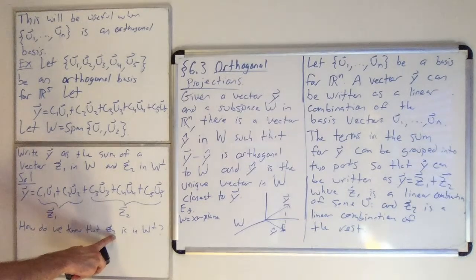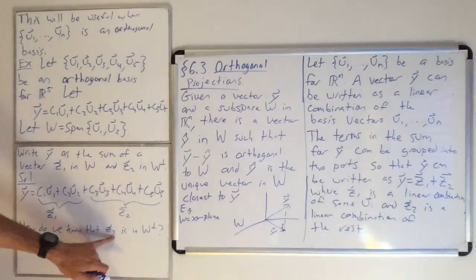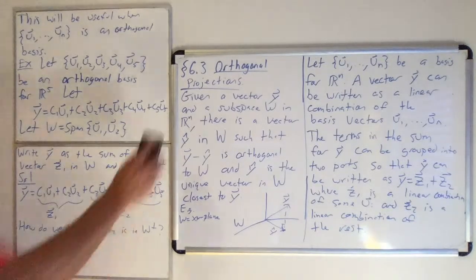How can we check that z2 is in W perpendicular?